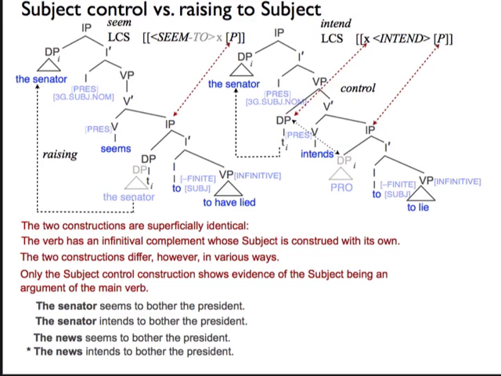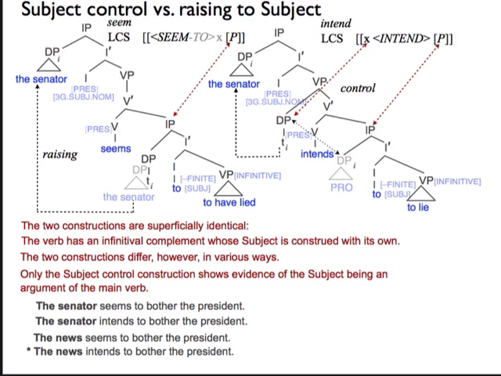So it's as if you were saying the senator intends for himself to lie, but we don't bother with for himself. Actually, we can say that. But we normally just let that go because presumably the semantics of intends entails that the intender be involved in whatever action is intended. So we're allowed to just leave off that DP and have it be null. In fact, more than that, we're required to.